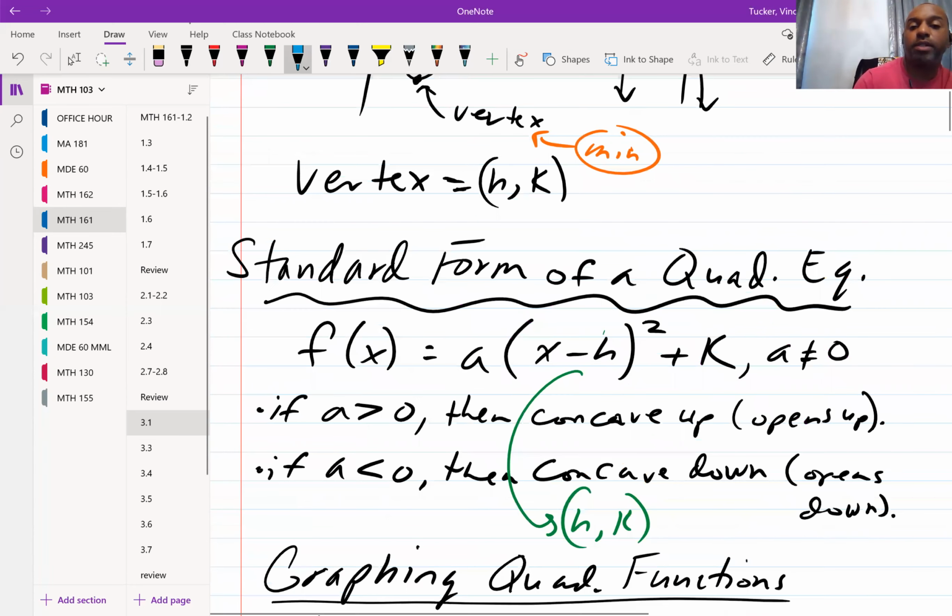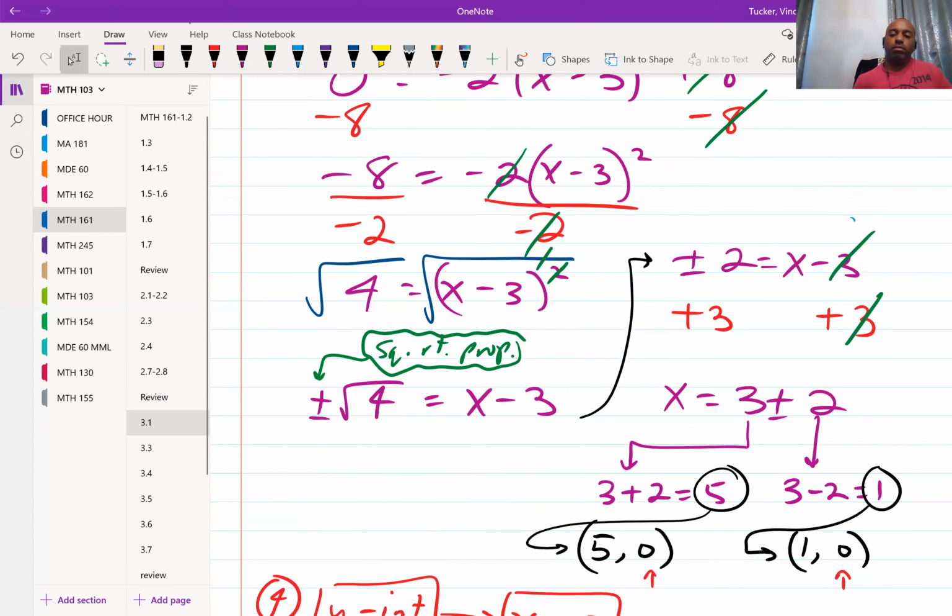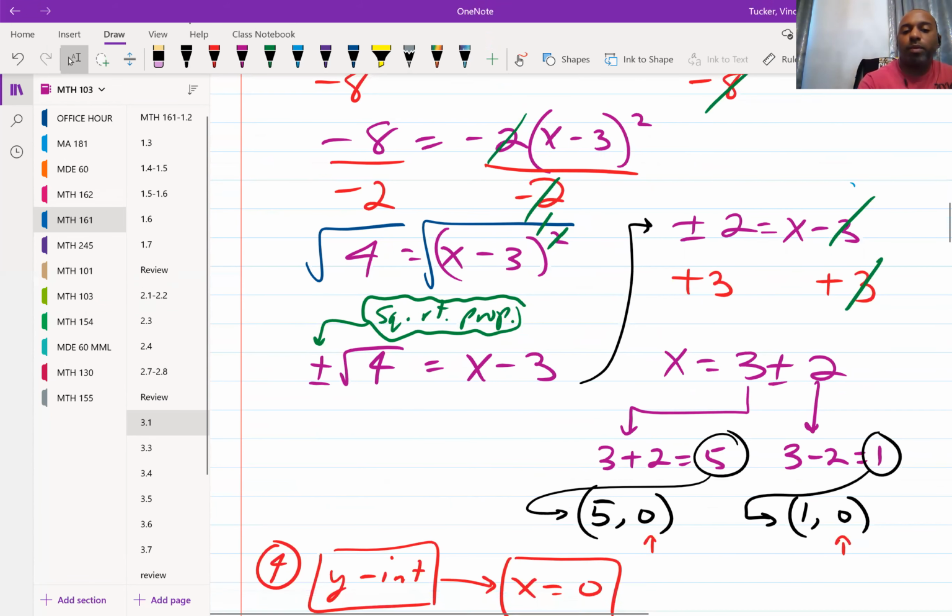So you should have 2 x-intercepts. All right. Any questions before we go to y-intercepts?